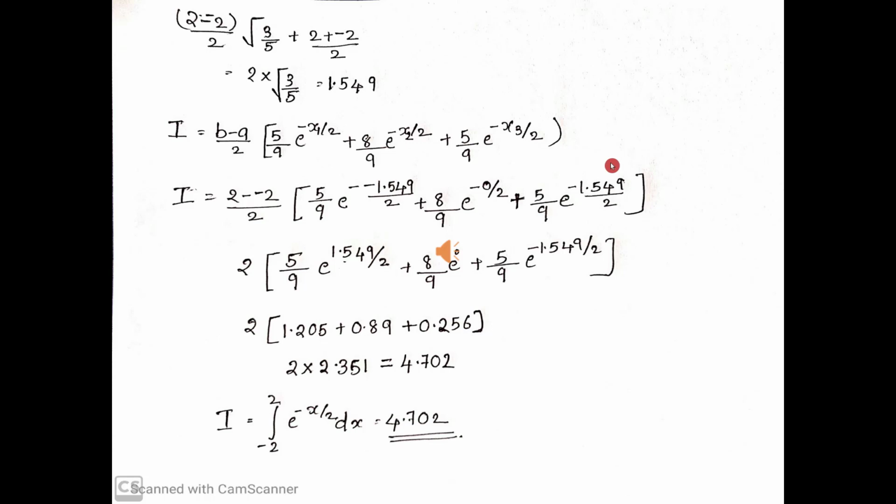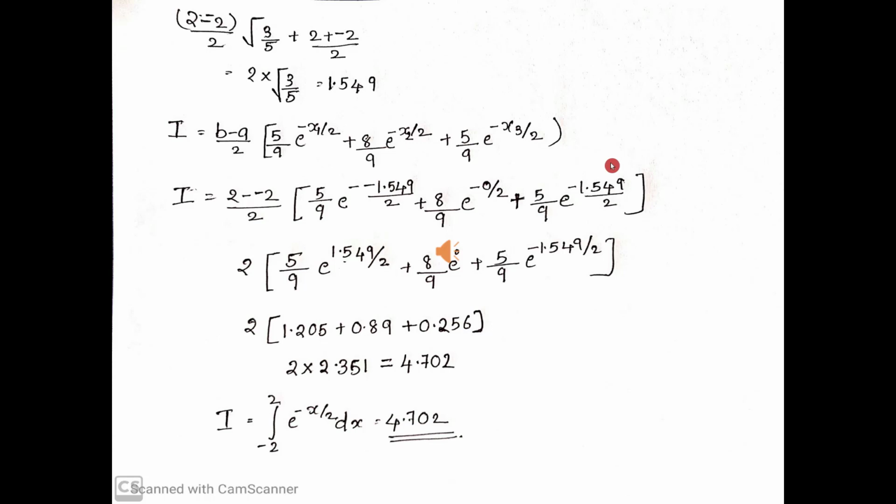Now we apply the values to the formula I equal to (b minus a) by 2 into 5 by 9 e raised to minus x1 by 2 plus 8 by 9 e raised to minus x2 by 2 plus 5 by 9 e raised to minus x3 by 2.